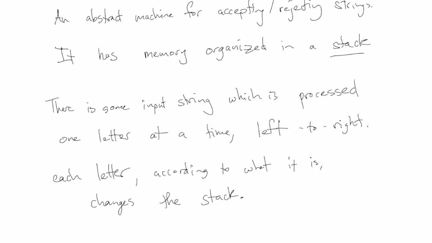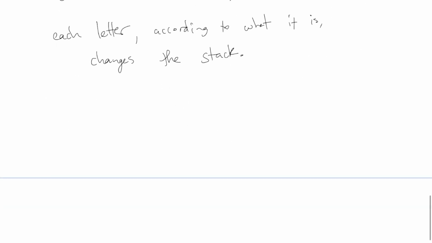So when you write down an example stack machine, it doesn't look like a state diagram, but it looks like a sequence of rules that says, if you read an A, then this is what happens to the stack. If you read a B, then this is what happens to the stack. And the idea is you read through the whole string, changing the stack each time, and then the string is accepted if the stack is empty at the end. This is a technicality, but that's how this thing works.